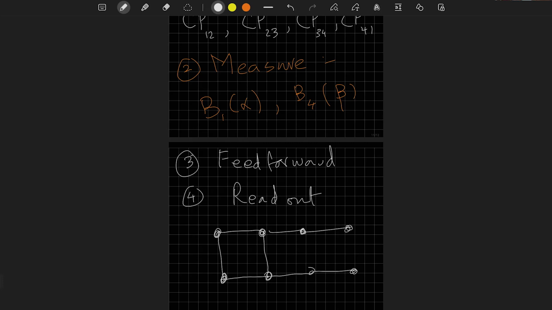Now the outcome might determine what angles I choose for the basis measurement on the second column of qubits. So I do some gamma, delta basis measurement here. Then the outcome may determine what I choose for the basis measurement on these 2 qubits. So this is feed forward. Finally, the end result will be available here. So you read out these two bits, and your end result will be available. This is measurement-based computation.